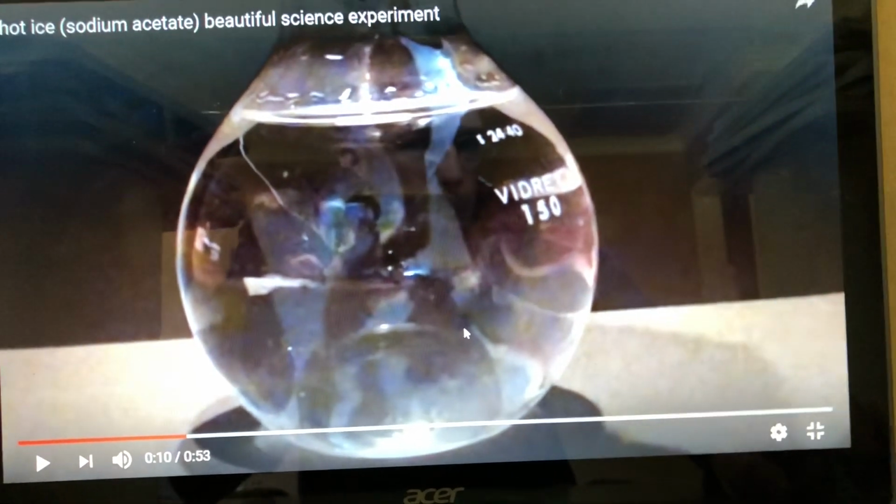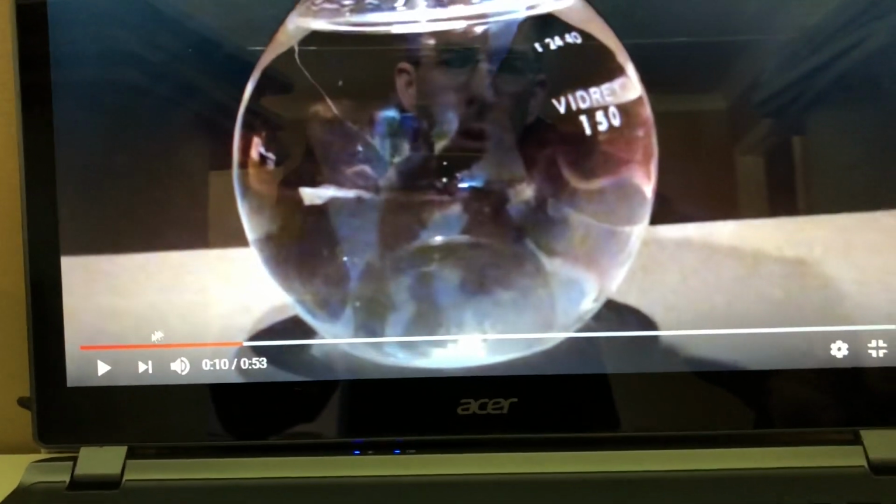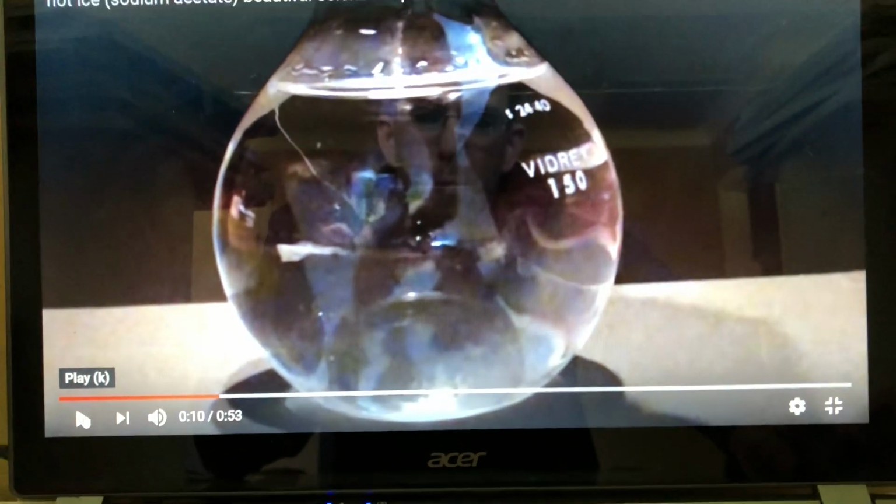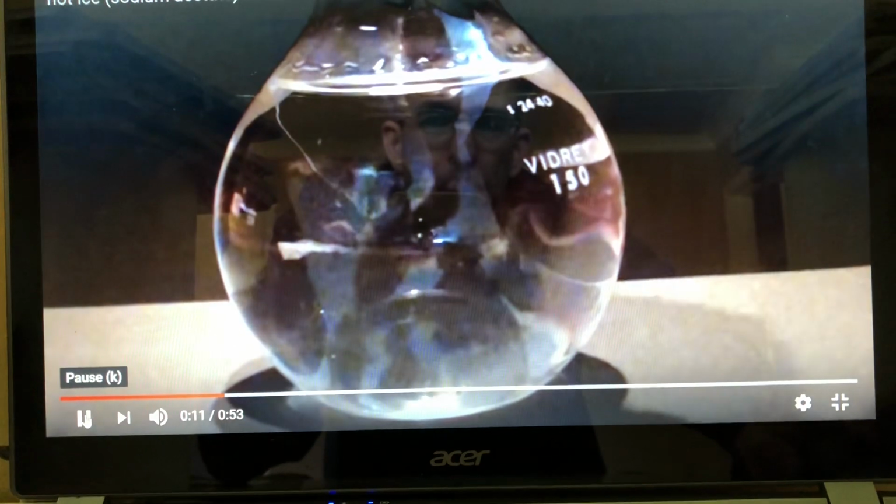There's a solute called sodium acetate. And this is a supersaturated solution of sodium acetate. It was heated up and then cooled back down, so there's more sodium acetate dissolved than should be allowed. Watch what happens when we put just a little piece of crystal in there.